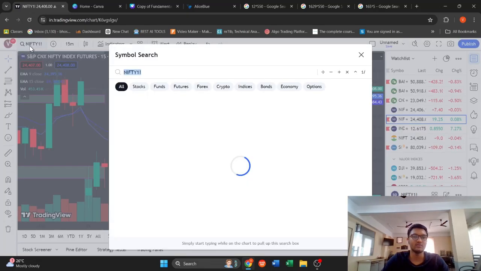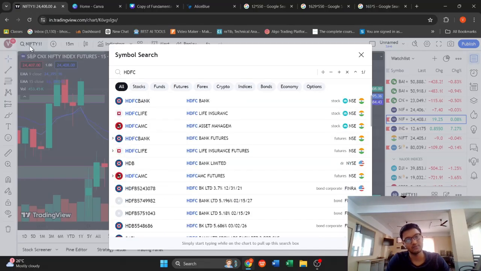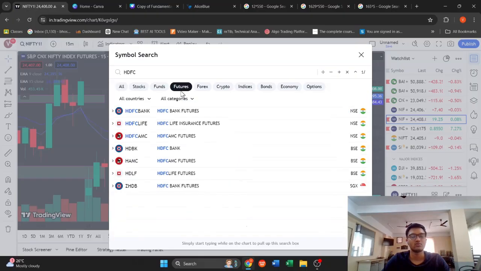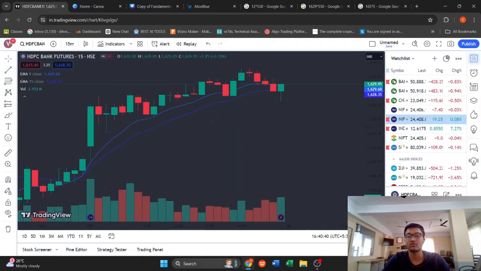Let's see in the case of HDFC Bank, what is the scenario in case of futures? HDFC. So I'll just go to futures. So these futures, like is for future trading, and future is actually up, you can see the price of futures. So 1629. Even if the HDFC Bank is trading at 1616 rupees, sorry, the futures of HDFC Bank is 1629.